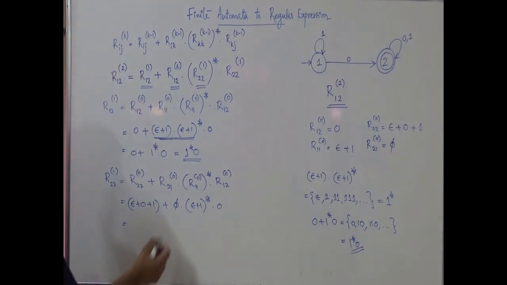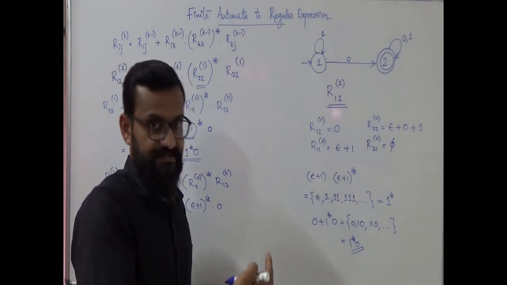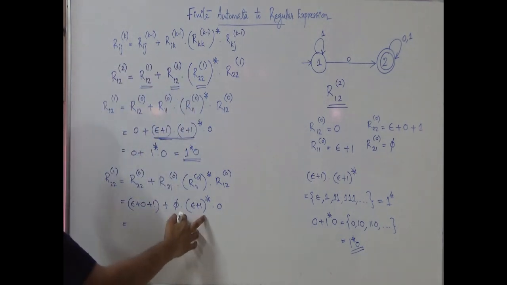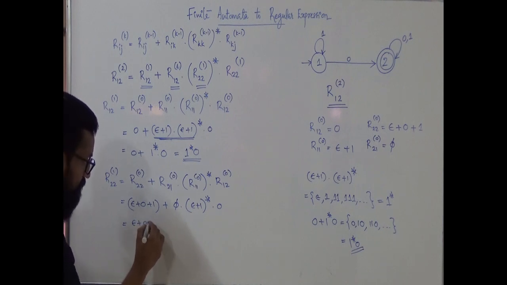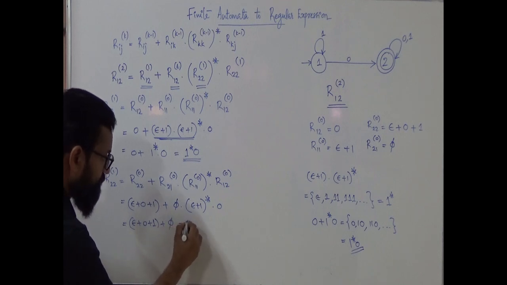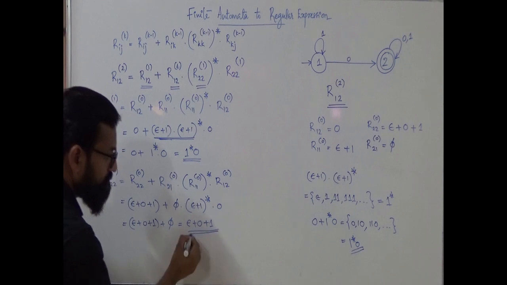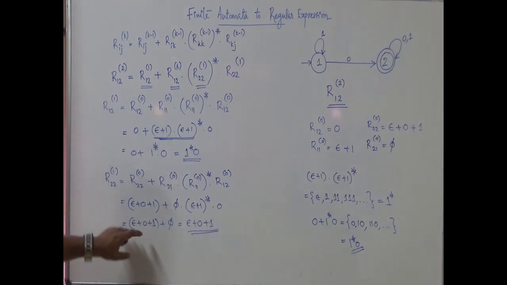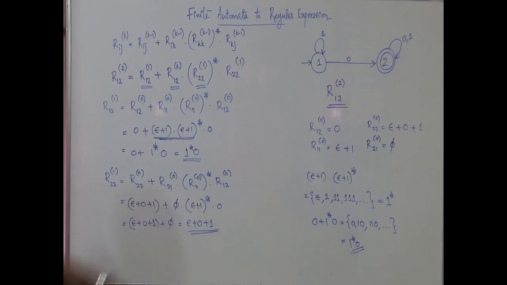If you concatenate null set to any subexpression, the result will be null set. So this will be equal to epsilon or 0 or 1 or null set. This will be equal to epsilon or 0 or 1. If you have some regular expression or null set, that will be equal to the regular expression. So we have R22^1.